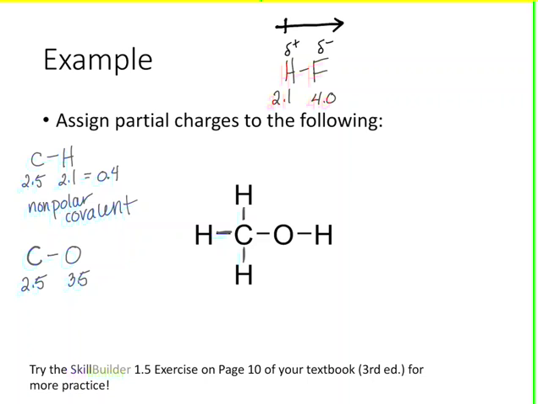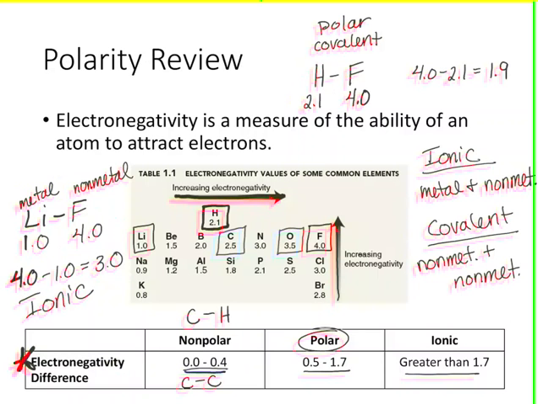If we take the difference, that is a difference of 1. I'm taking the absolute difference here, so we're not going to have any negative signs there. Let's look back at our table. 1 falls in this range, so it is polar covalent.